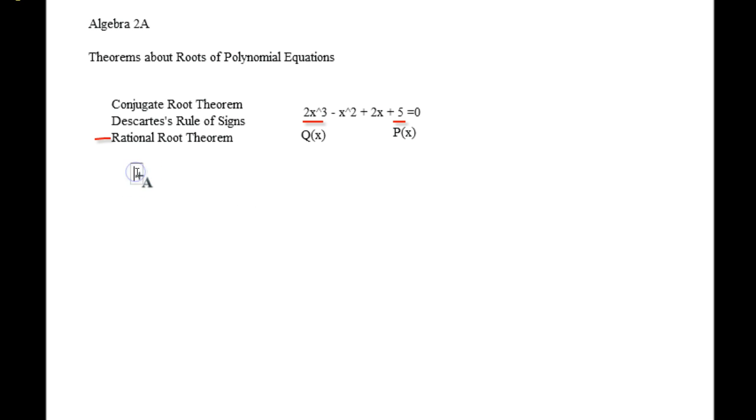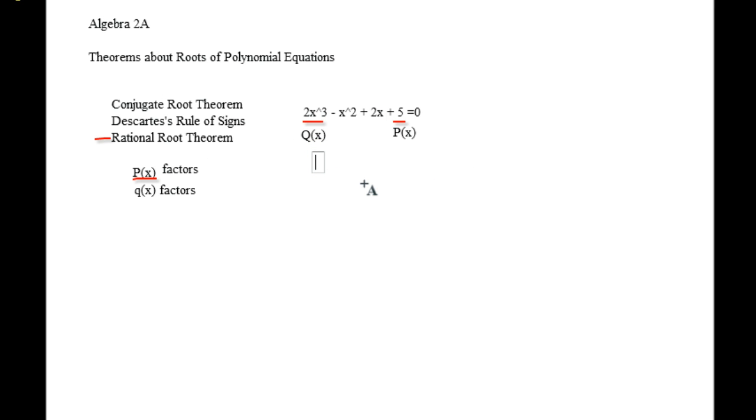And the rational root theorem says if I take the factors of p of x and divide them by the factors of q of x, there is bound to be one of those fractions that is going to be one of my roots. Okay, so I'm going to set it up.